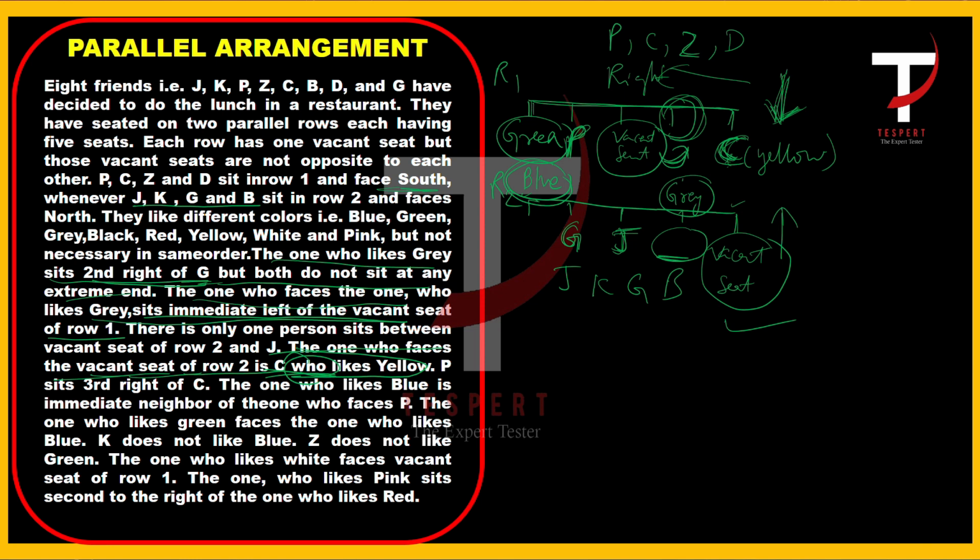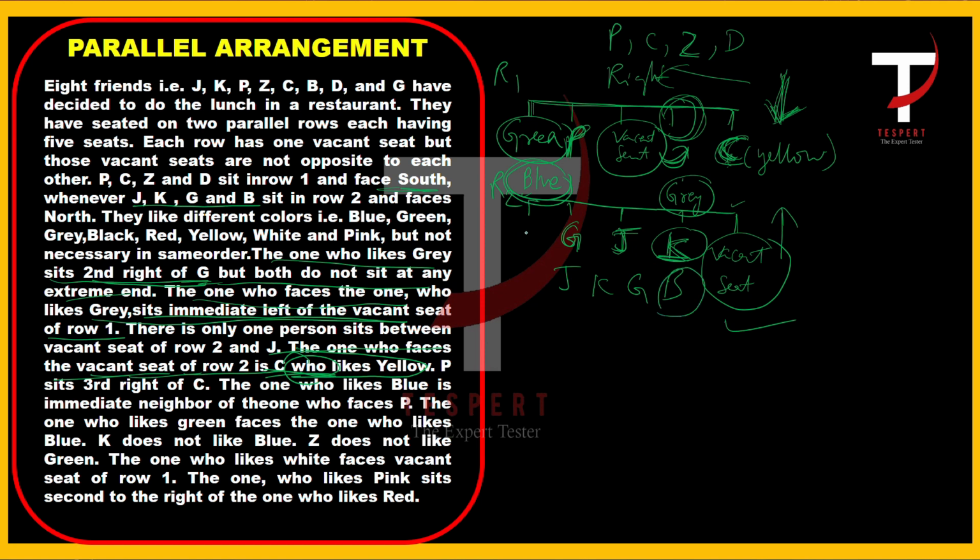And K doesn't like blue. K doesn't like blue. Z doesn't like green. So K doesn't come here. If K doesn't come here, K must come here. Right? Here, which one is the remaining one? B. So B must come here. Right?